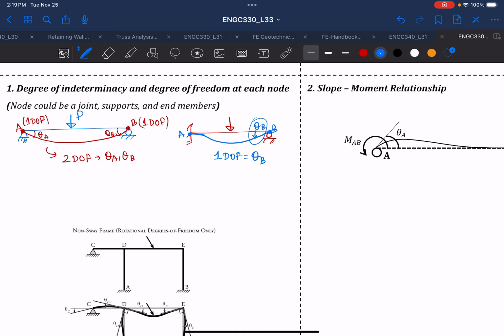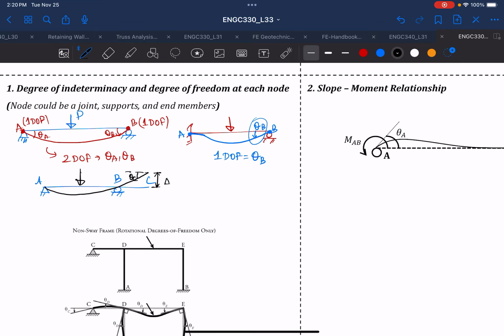And then what if we have an overhanging beam? Let's say that's A, B, C. If you're applying a load here, this is how it will deflect. Because there is no axial deformation, we know that it can only have one vertical deflection.